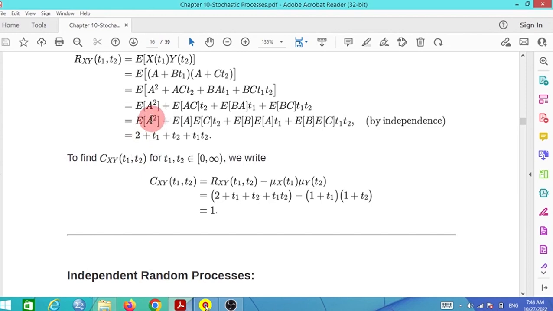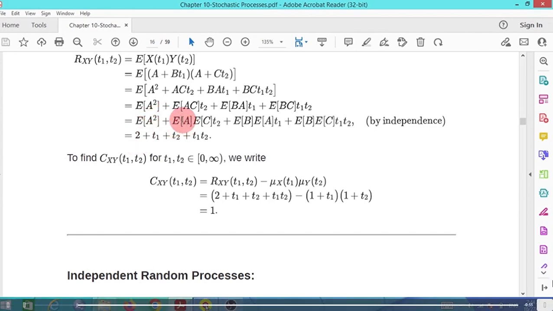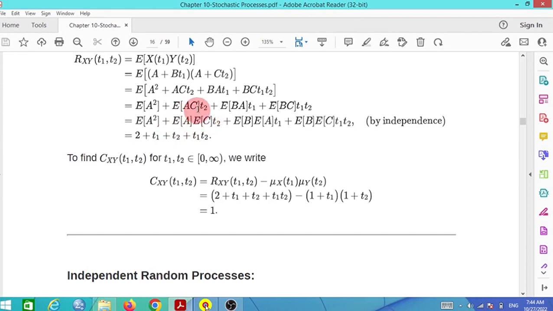Go back and use the definition of variance: variance equals the expected value squared minus the squared expected value of a random variable. Replace, and you reach this value. The expected value of A is 1. This is A squared. Replace the value and, simplifying, reach this figure.